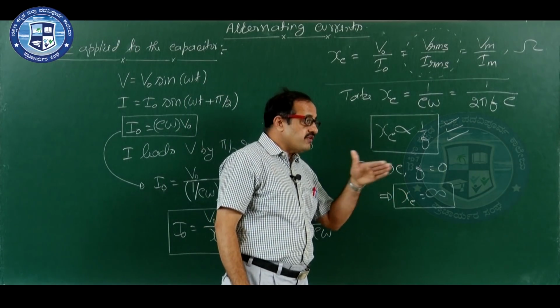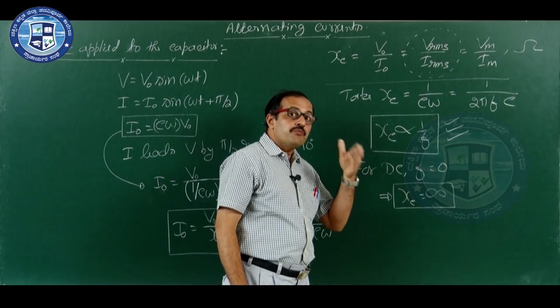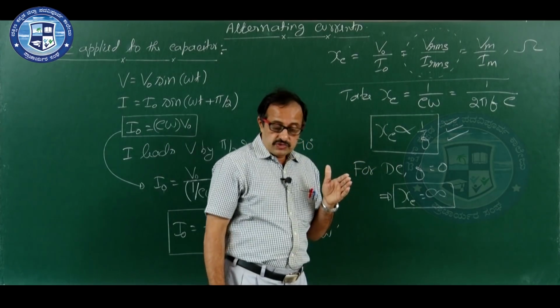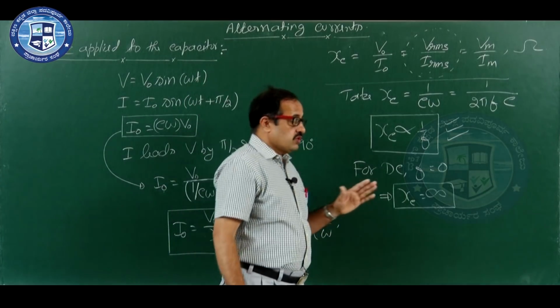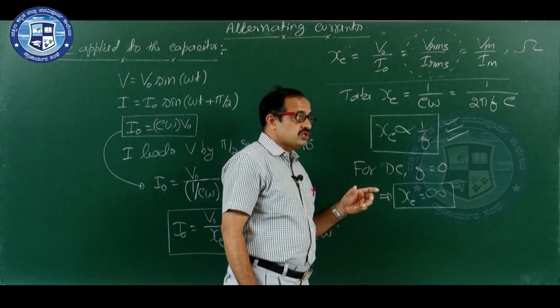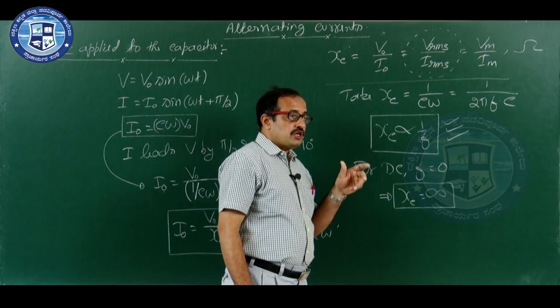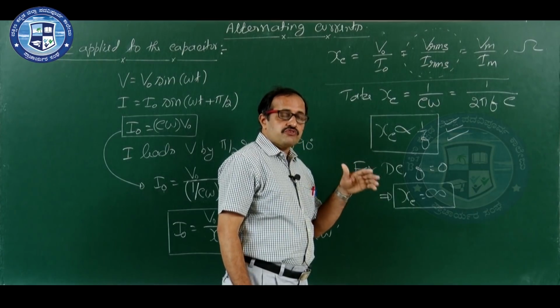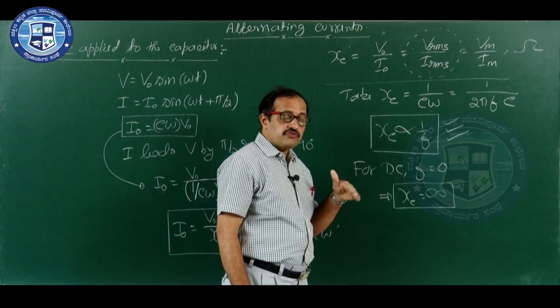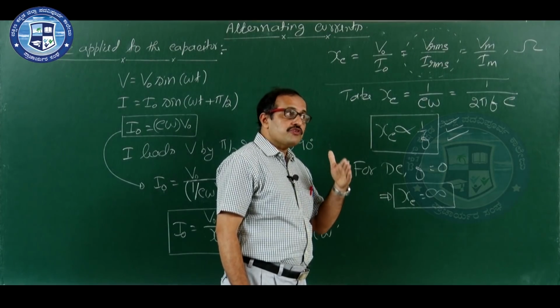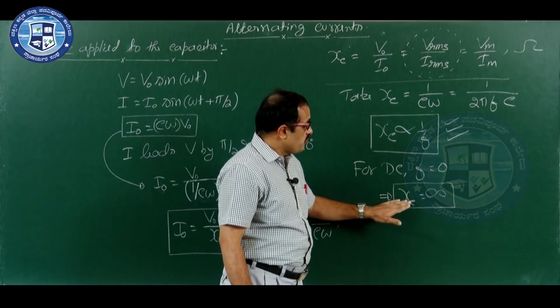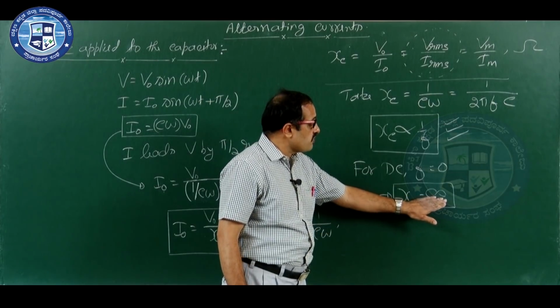But it happens only after full charging, remember. Because in a DC circuit, up to the point of full charge, capacitor allows the current, that is known as charging current. After full charge, capacitor blocks DC because its reactance is infinity.